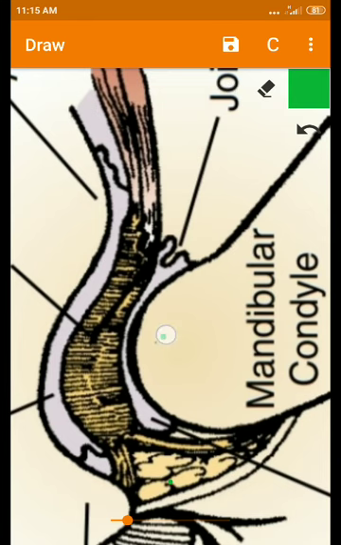The rotation of the condyle forward results in backward rotation of the disc. Because of the firm medial and lateral attachment, the disc and condyle glide as a unit. So they are rotating simultaneously.